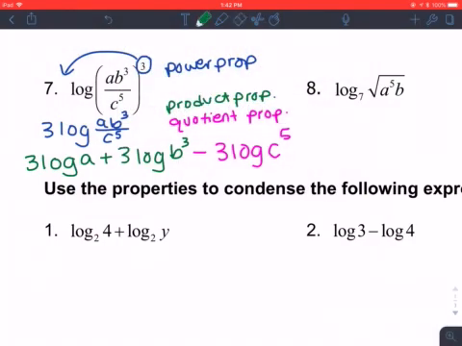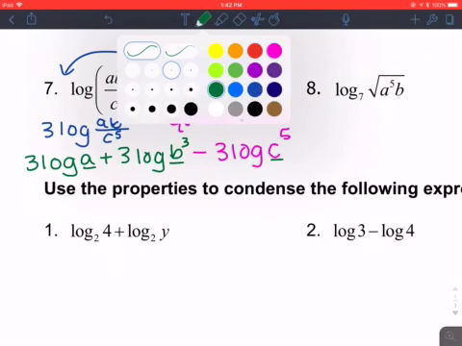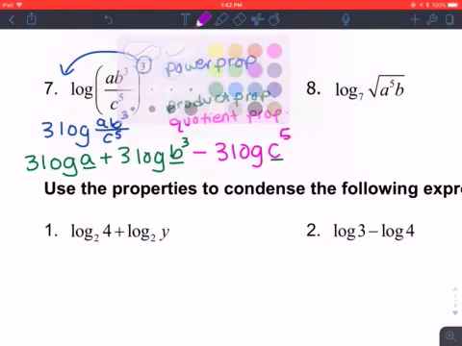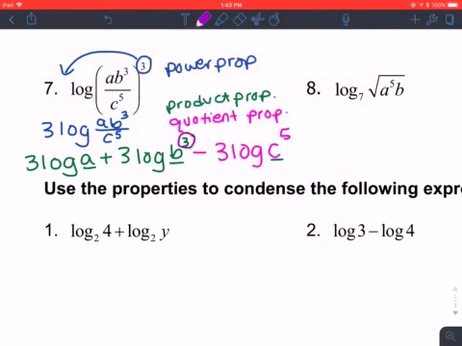Okay, we're almost done. Notice each of our arguments only has one term, but we still have exponents. So we're going to use our power property again to rewrite our exponents as coefficients.